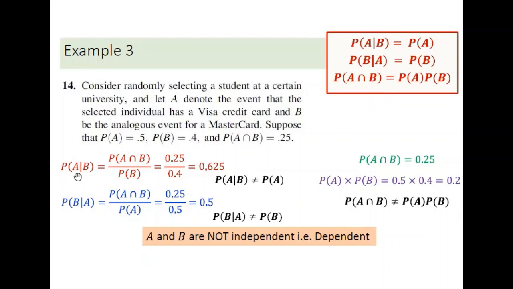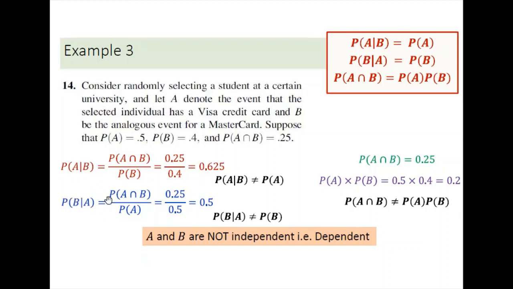So the probability of A given B is the probability of A intersection B divided by probability of B. The probability of intersection is 0.25 and B is 0.4, so the result is 0.625. You can see it is not equal to probability of A, so A and B are not independent.